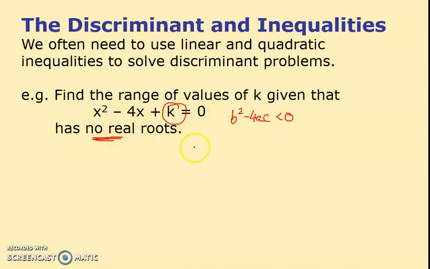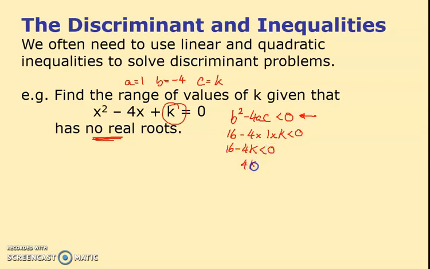So look at this. What was my a? My a was 1, my b is minus 4, and my c is k, which is a bit odd. But anyway, I'll put them in. B squared, if I square minus 4, I get 16. Minus 4 times the 1 times the k. And I know it's less than 0. That's the whole point of that statement. 16 minus 4k is less than 0.